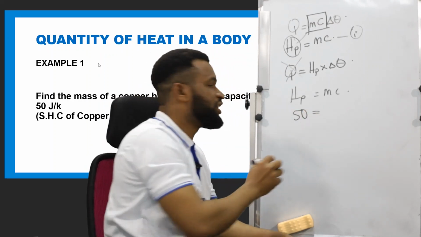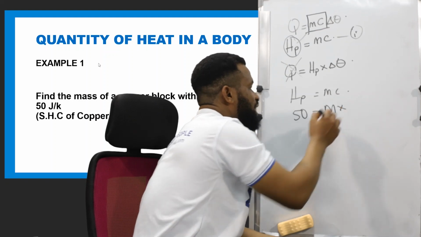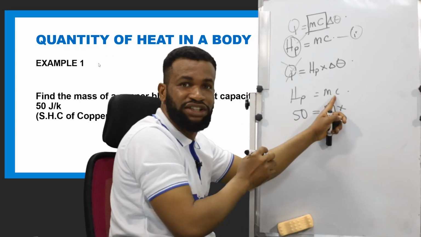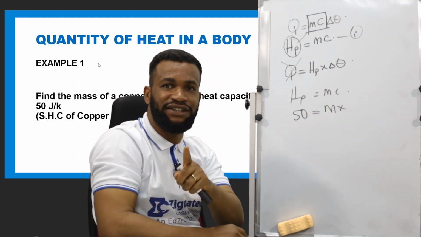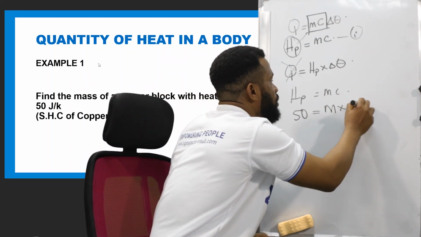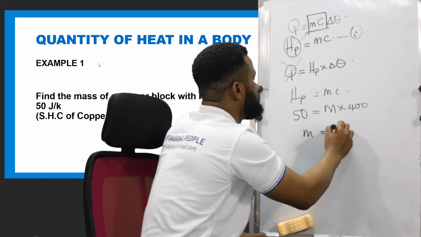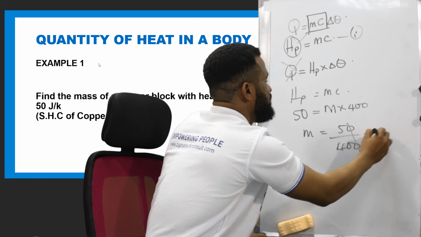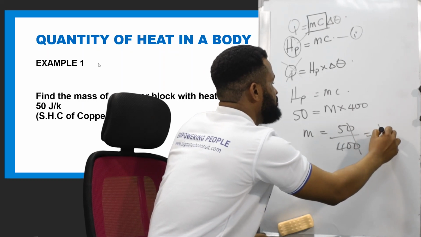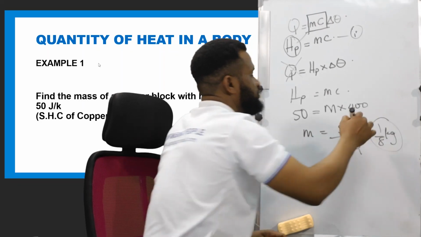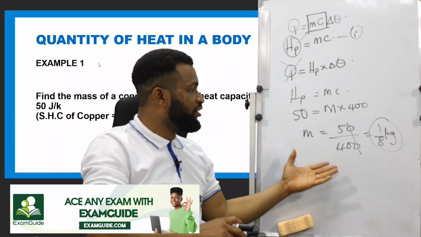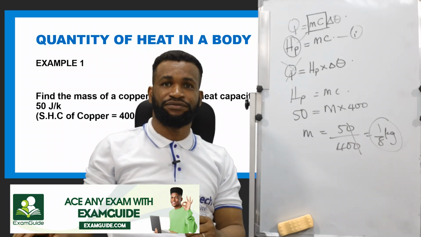And the mass of the body is what we are looking for, multiplied by the specific heat capacity, which is given as C, which is SHC, and which is 400. So M is equal to 50 divided by 400. This will cancel this, and this is 1/8 kilogram. So this is the mass of the body for this question.